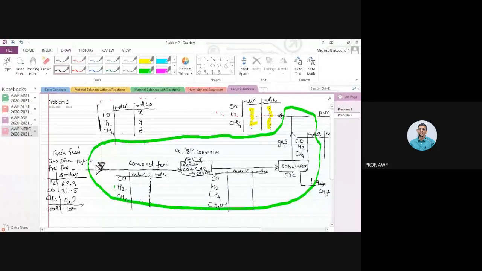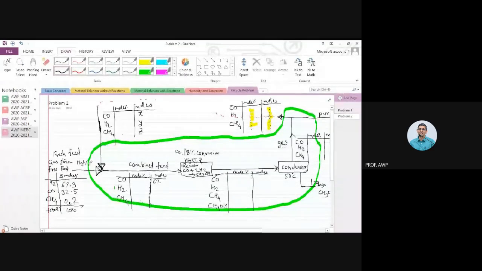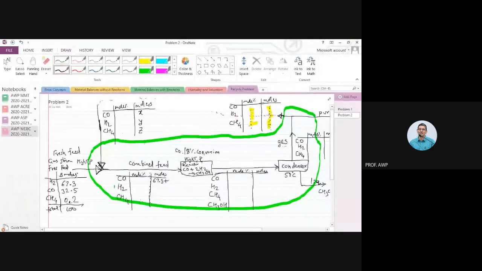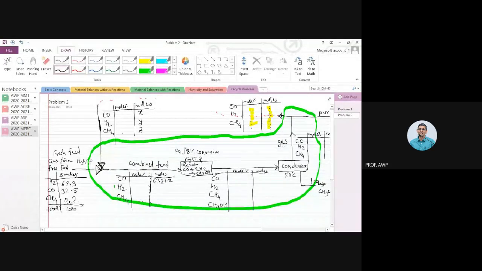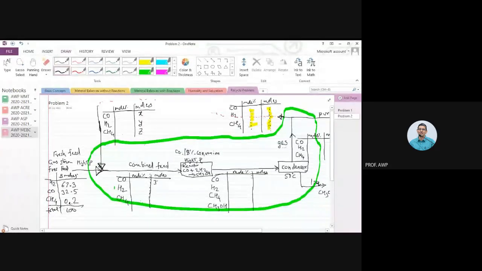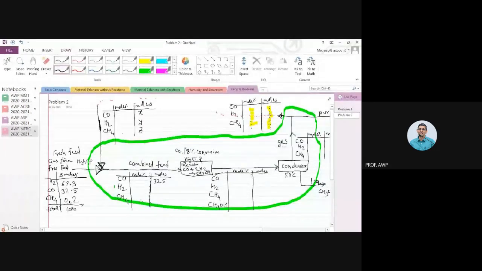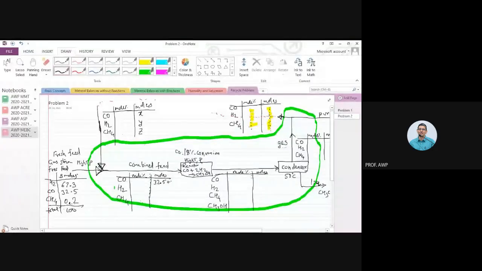So immediately I can write something about the combined feed. I can say that carbon monoxide would be 32.5 plus X, right?